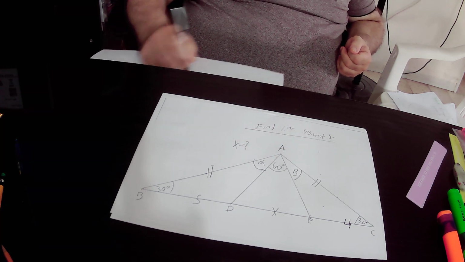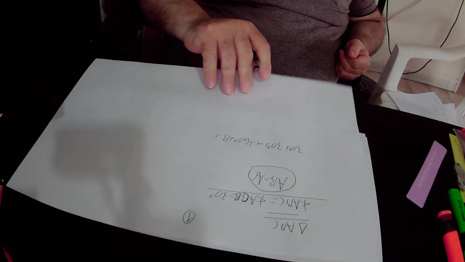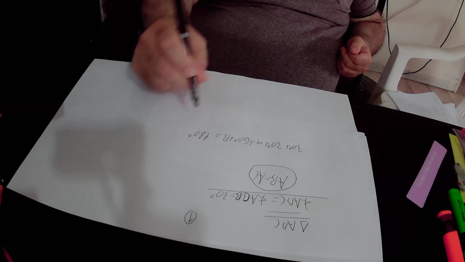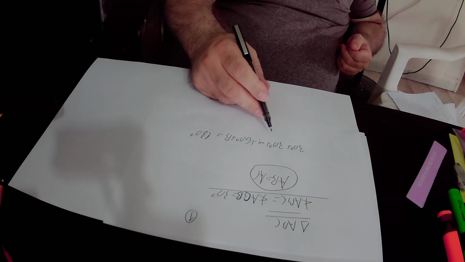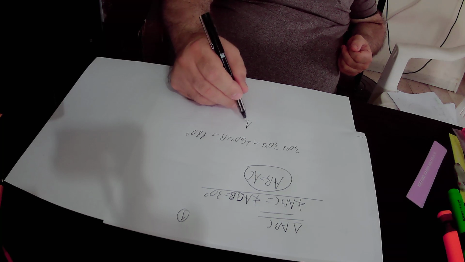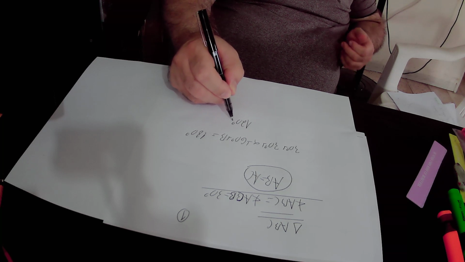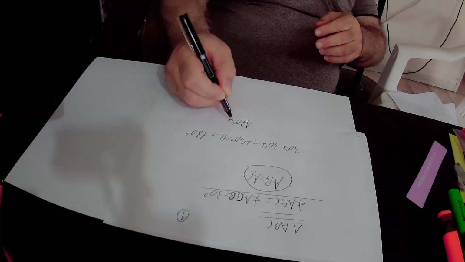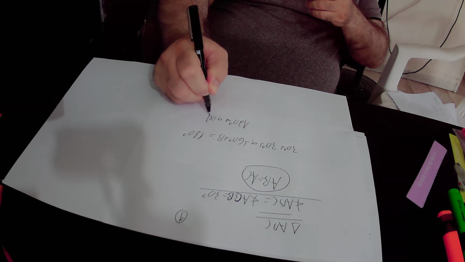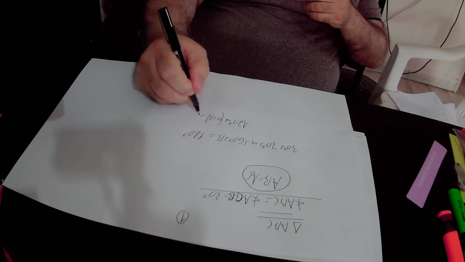In total they must equal 180 degrees. So 30 degrees plus 30 degrees is 60 degrees, and 60 degrees plus 60 degrees is 120 degrees, plus alpha plus beta is equal to 180 degrees.